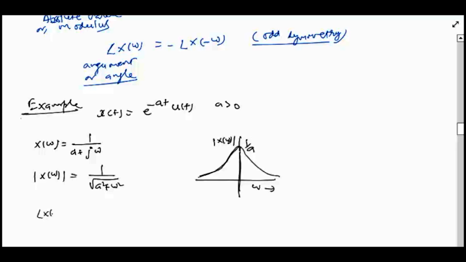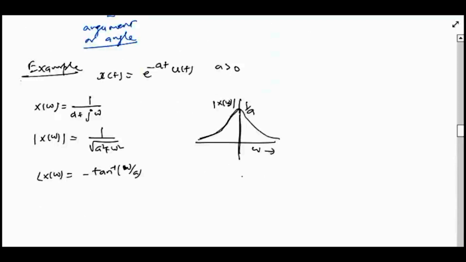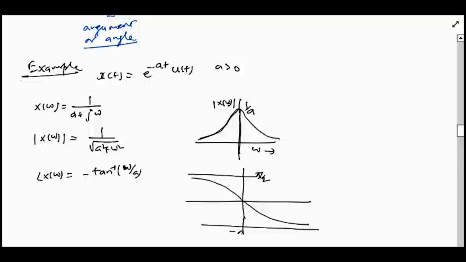Angle of X(omega) can also be easily seen to be minus tan inverse omega by a. If we plot this angle, it looks as follows. These values are pi by 2 and minus pi by 2 respectively. So here it's omega, this is angle of X(omega).